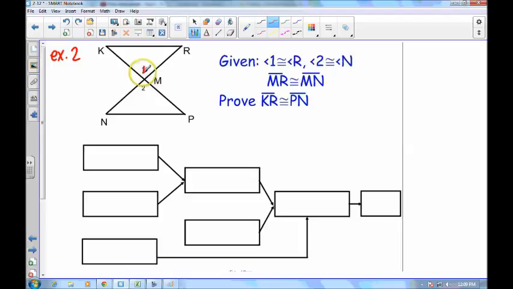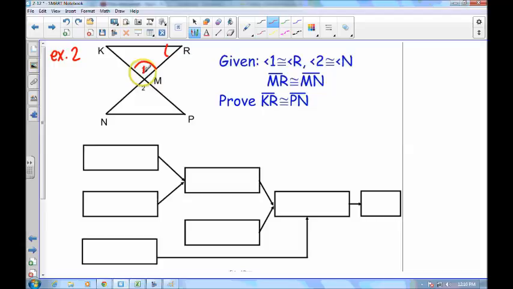How do we mark congruent angles? We usually do slashes through the sides, so how does the angle look? A curve, an arc. You can put a slash through the arc, but at least we do an arc. So angle 1 and angle R are congruent, so put an arc to show they are congruent.